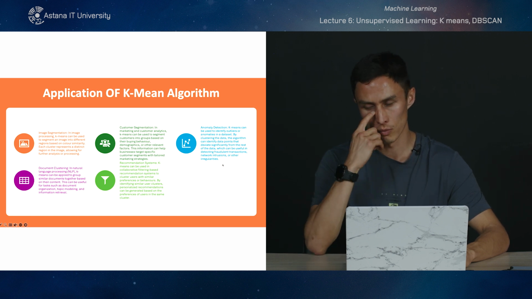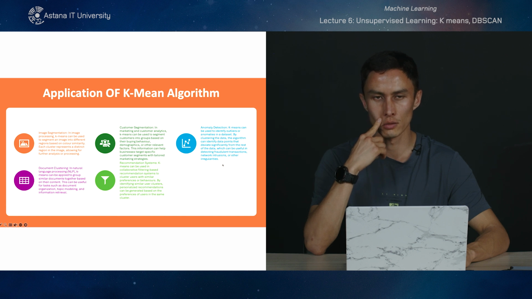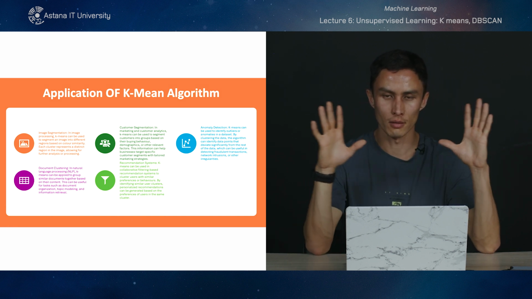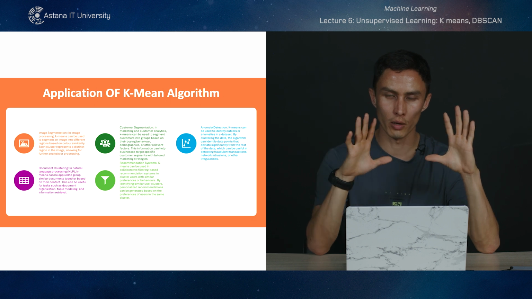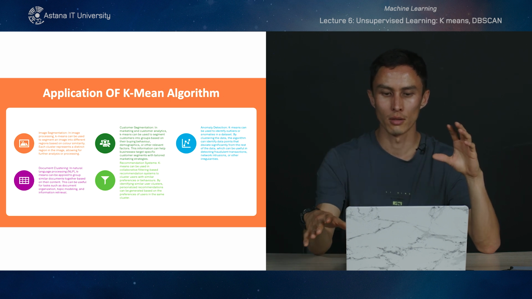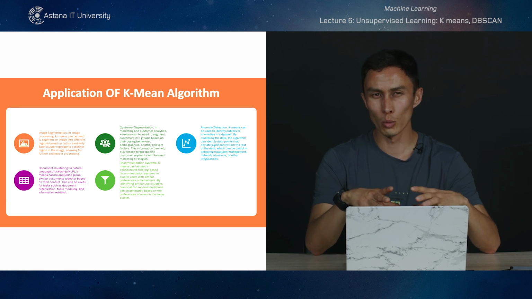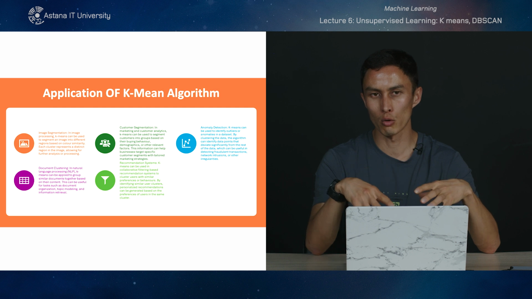For example, imagine you have a white background, and within this white background you have some object. Let's say in the white background you have black objects.